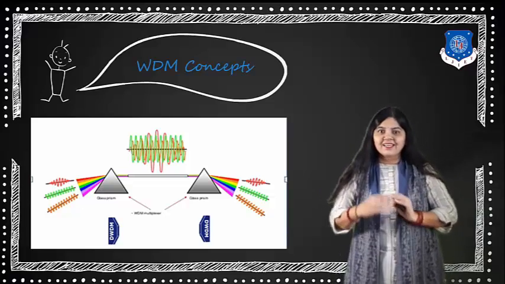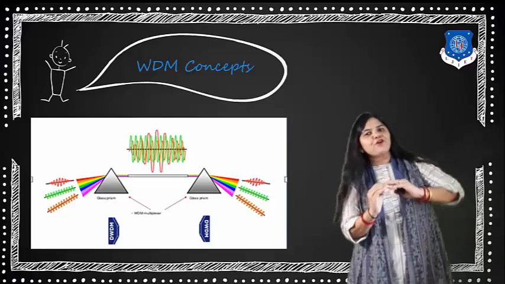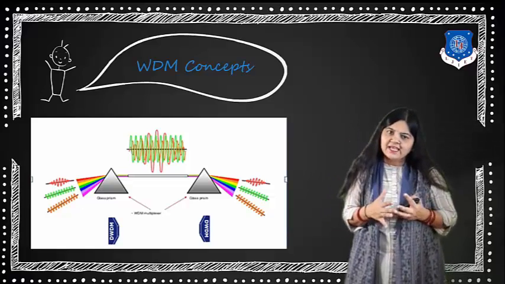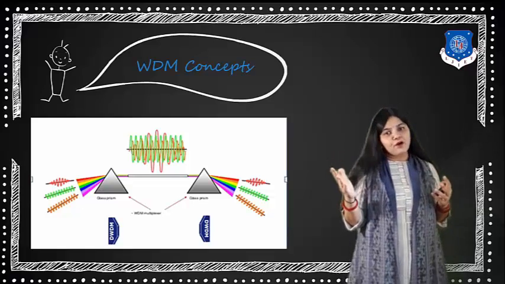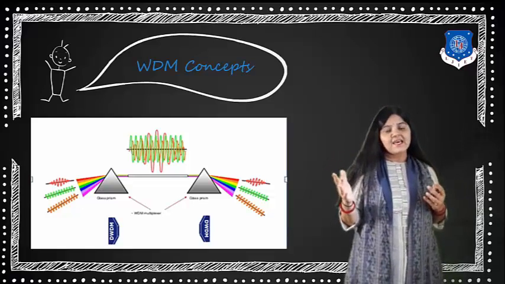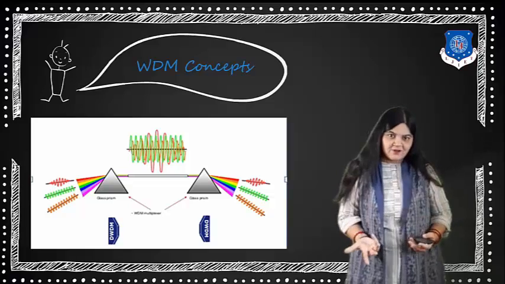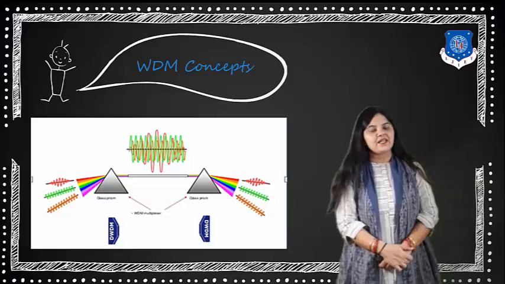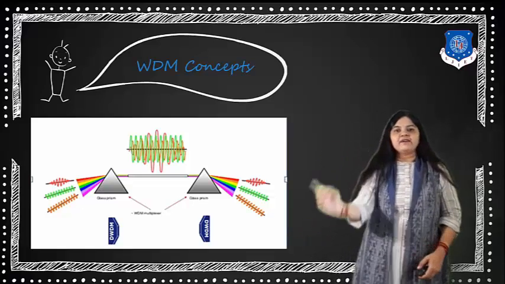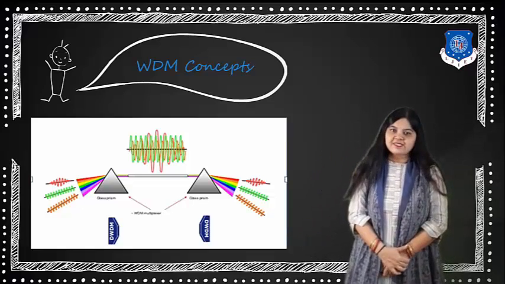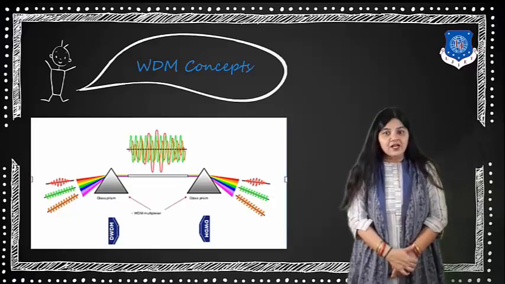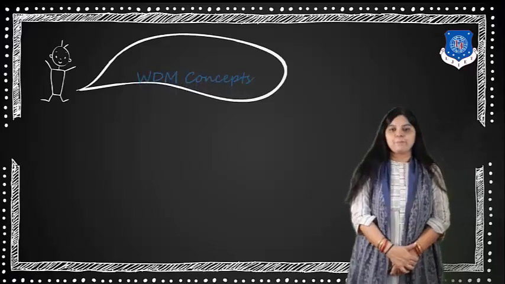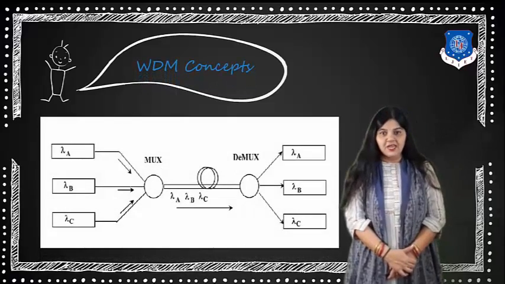The light rays then go away from the normal axis, and we can have either the multiplexed output or the separated output at this end. So this way the WDM concept can be very useful in optical fiber communication.